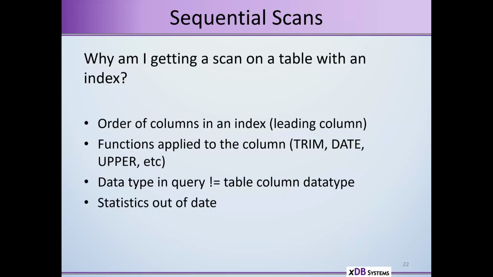So the optimizer said, okay, these are different data types. I'm going to have to scan the table, and that's what it did. So just changing the stored procedure and setting the arguments correctly to be varchars eliminated the sequential scan and allowed the index to be used. And it ran instantly.